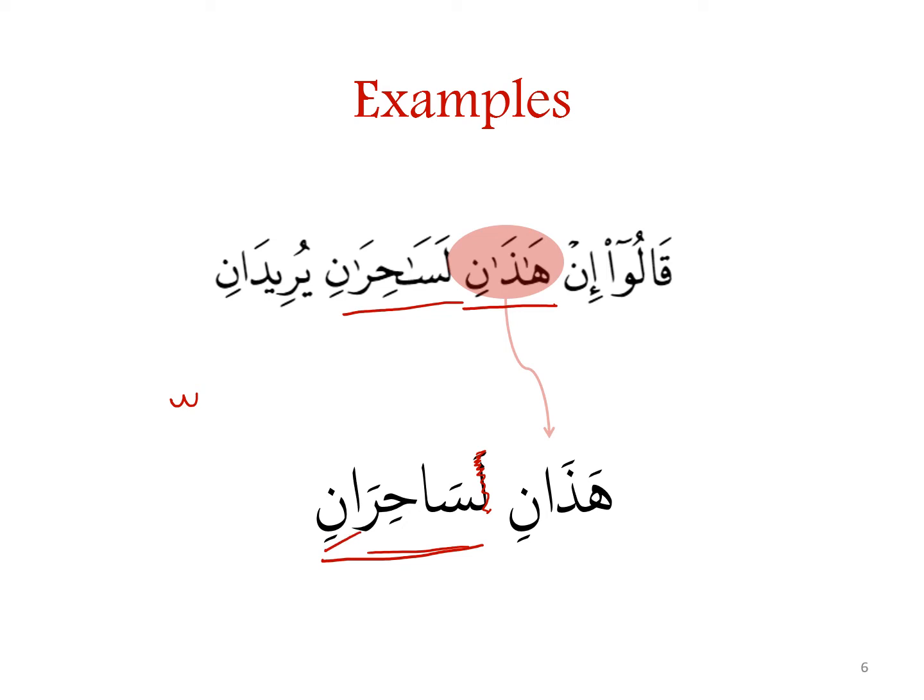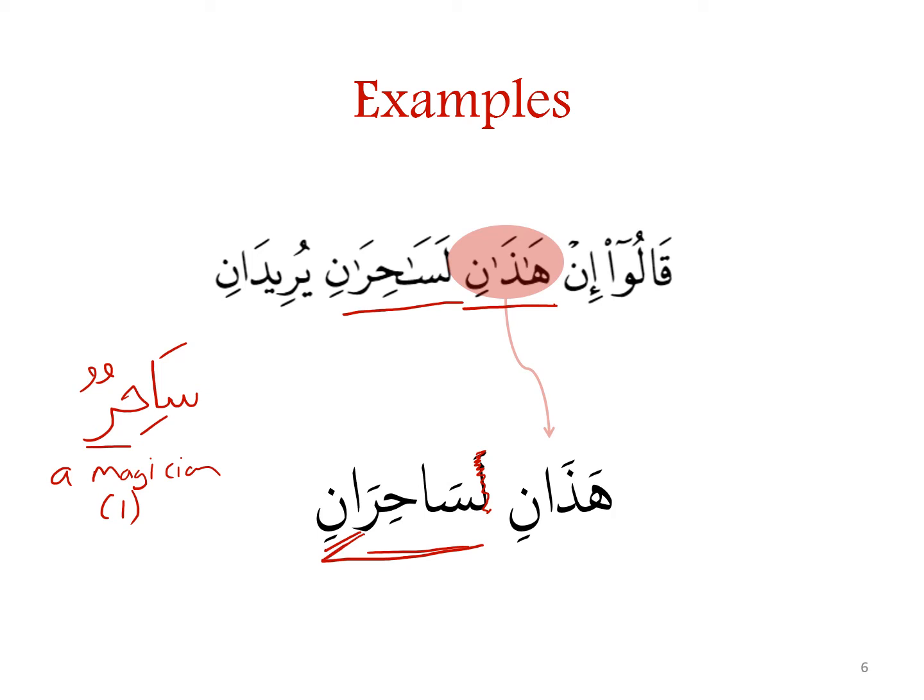This is the dual of sahir. Sahirun means a magician, in the singular mufrad form. However, here in this verse, Allah Ta'ala is referring to two magicians, sahirani. All we did was take the singular and add the ani ending to make it into two magicians.